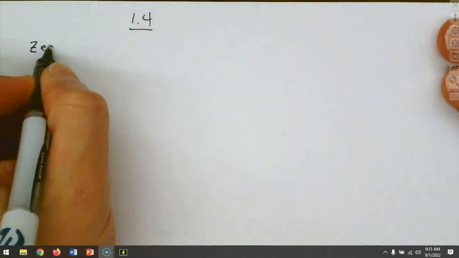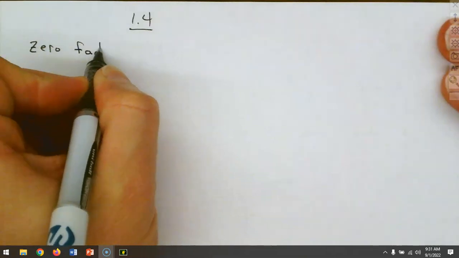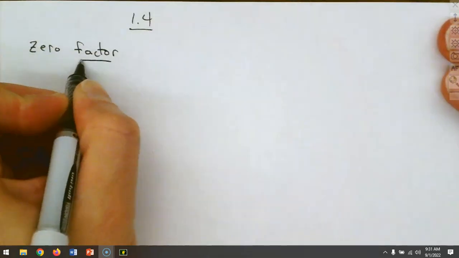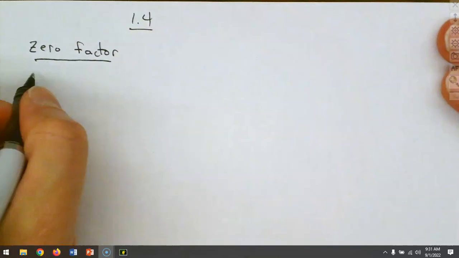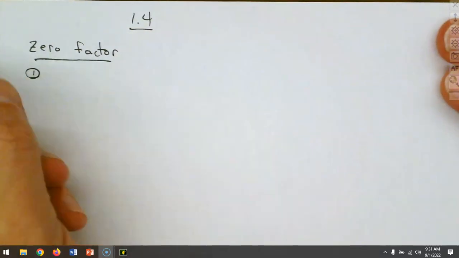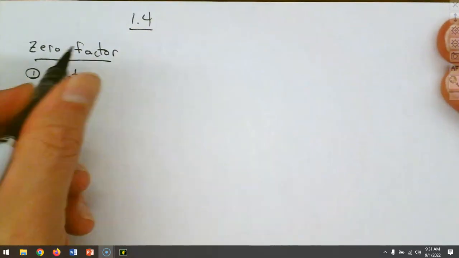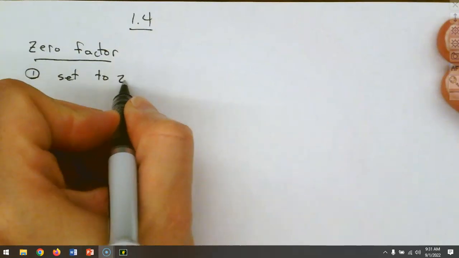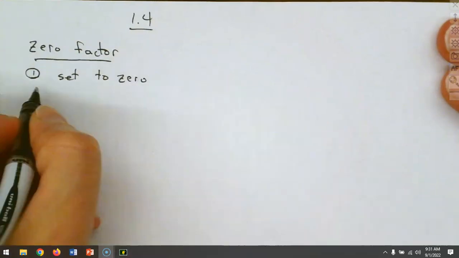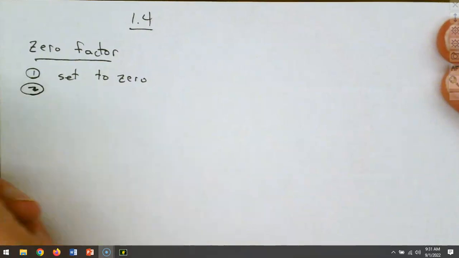So here's how zero factor works. What we need to do for zero factor is step 1, you set your equation to 0. Step number 2 is you factor.